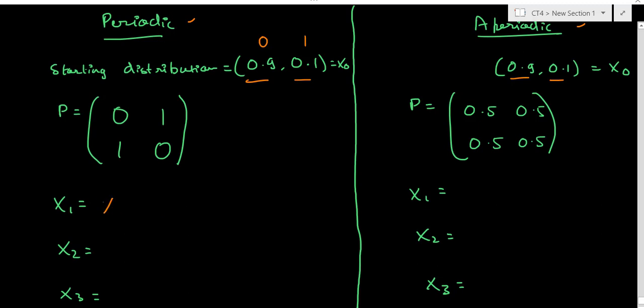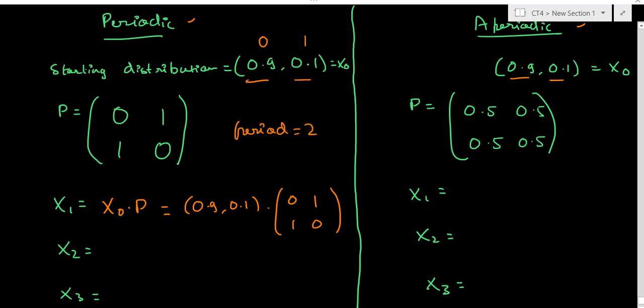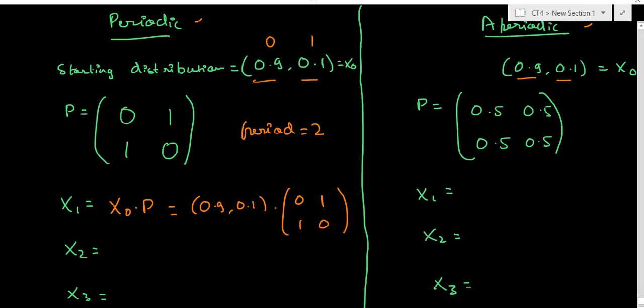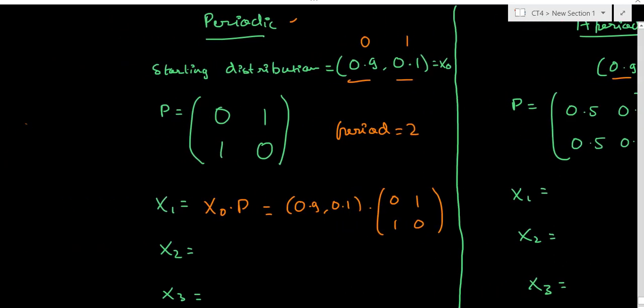So x1 becomes x0 times P. So this becomes [0.9, 0.1] times the matrix [[0, 1], [1, 0]]. This is a periodic Markov chain with a period of 2, because if you see the transition diagram, we have already seen it for this one. There are only two states, 0 and 1, and you can get from 0 to 1 with probability 1 and from 1 to 0 with probability 1.